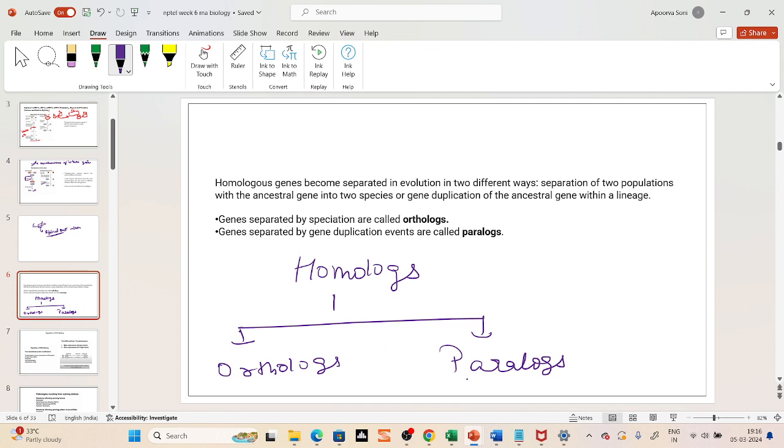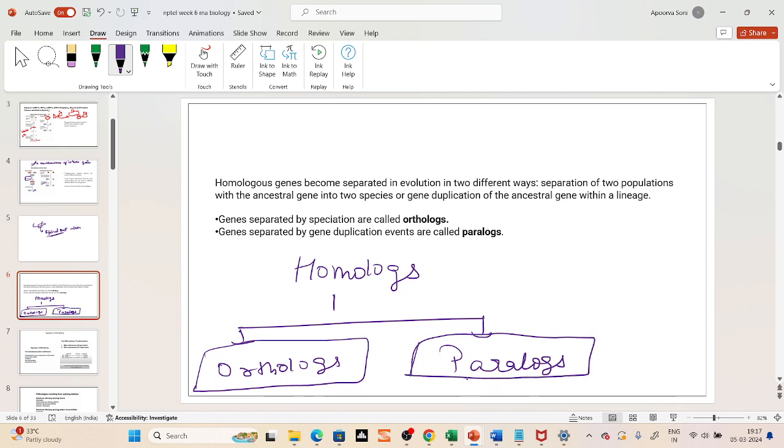Orthologs and paralogs means there is one which is separated by speciation events and the other which is separated by gene duplication events. The one that has been separated by a speciation event, that has now become two separate species, is known as orthologs.